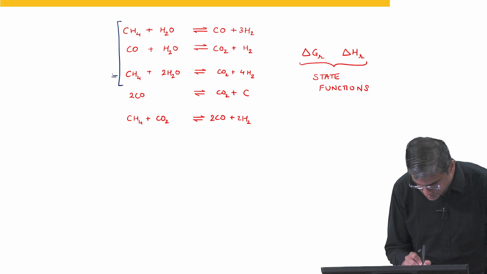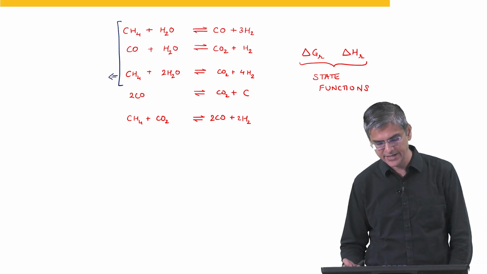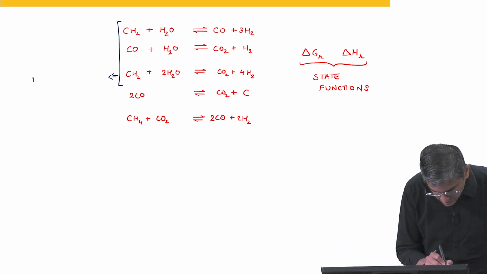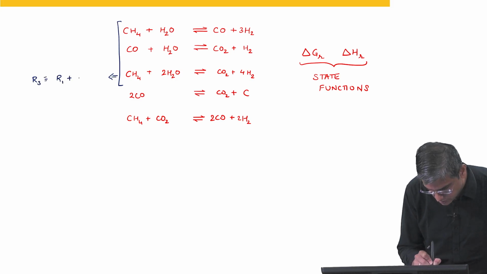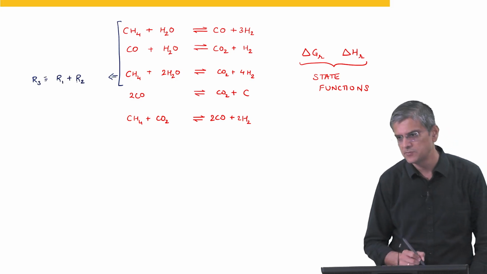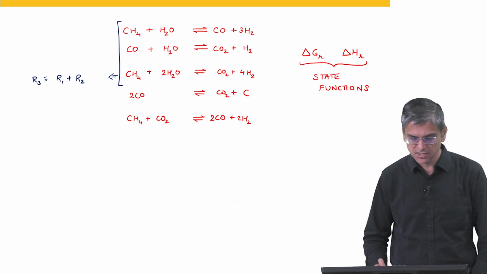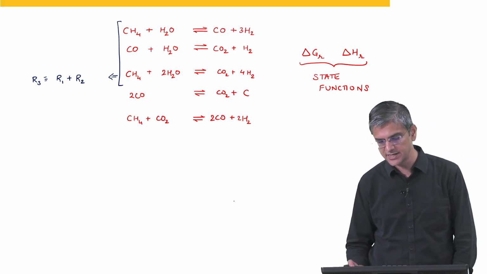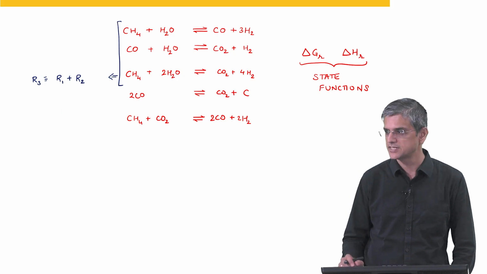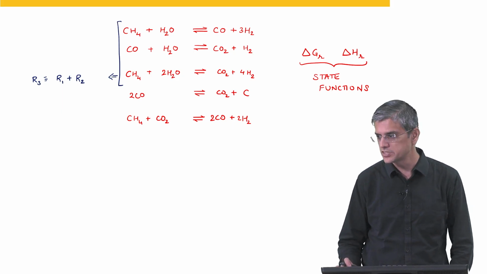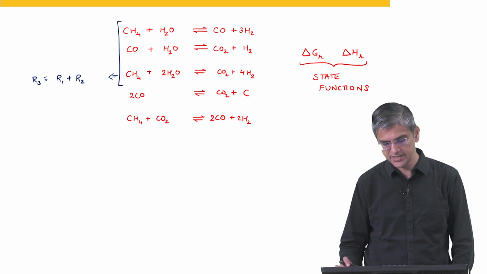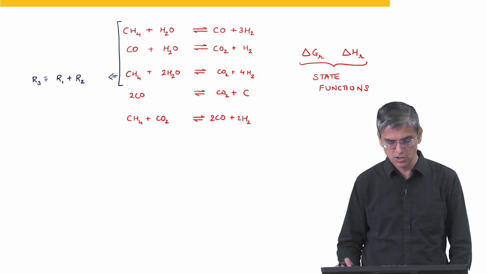This particular reaction is obtained just by adding the above two. So, R3 is just equal to R1 plus R2. So, you can reach R3 by first getting carbon monoxide and then reacting that carbon monoxide with water in the water gas shift step, and then you can essentially get to R3.